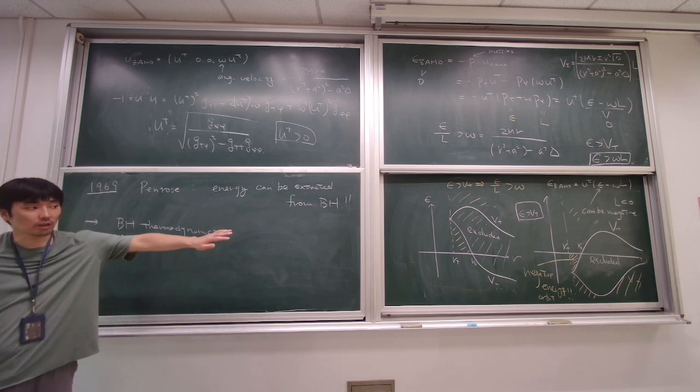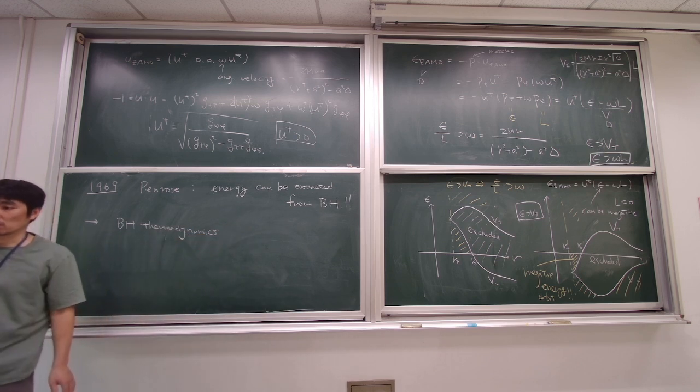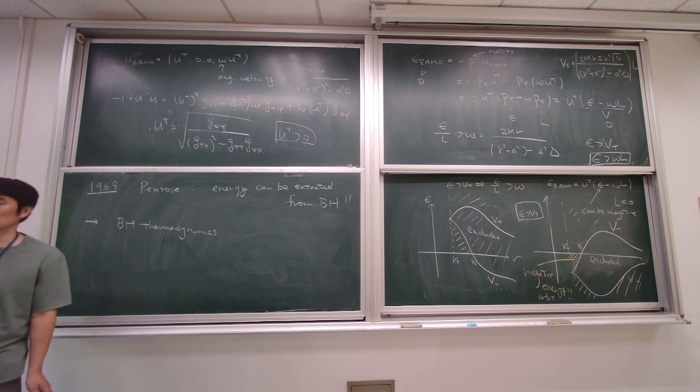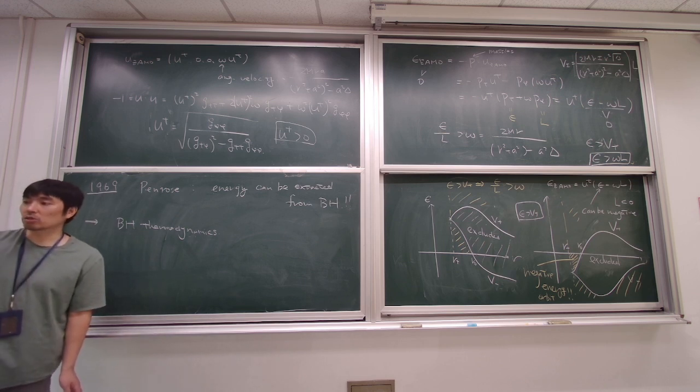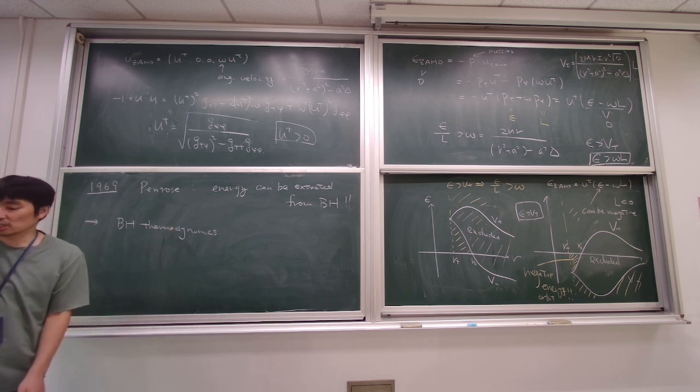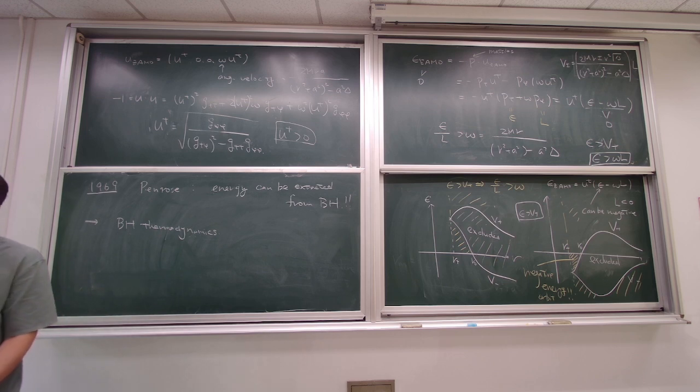So this kind of phenomenon should occur. If inside our sphere epsilon can be negative, even for a massive particle, it should be true. The Penrose process for massive particles also should be possible. Since the analysis is easier, I just focus on massless. Okay.